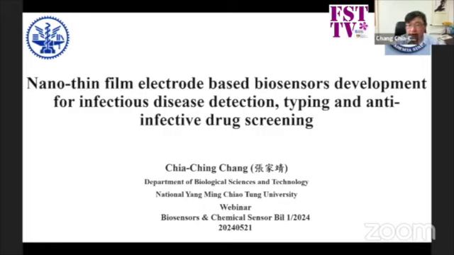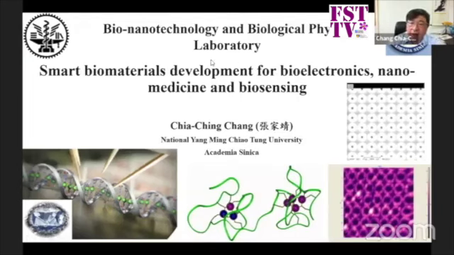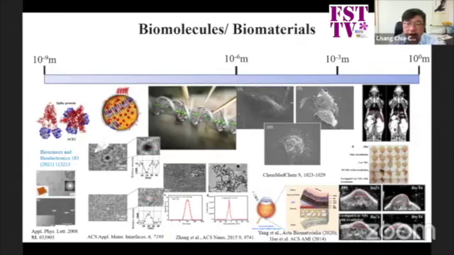Before going into the details, first of all, I would like to introduce my lab. My lab is the Bio-Nanotechnology and Biological Physics Laboratory. We work from DNA molecules and nanoparticles to real animal experiments to study photodynamic therapy in animals.